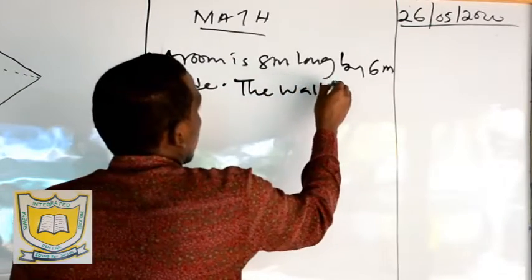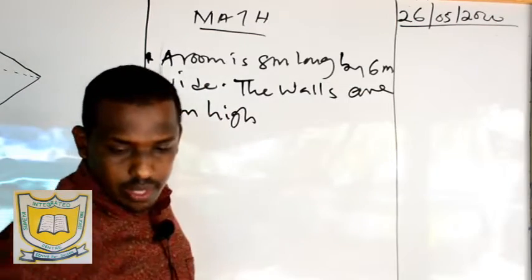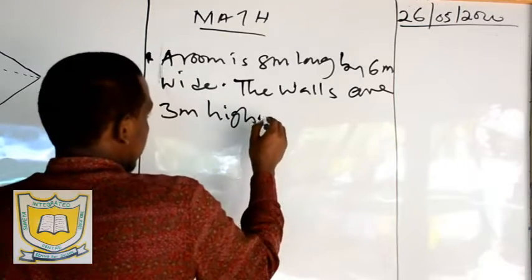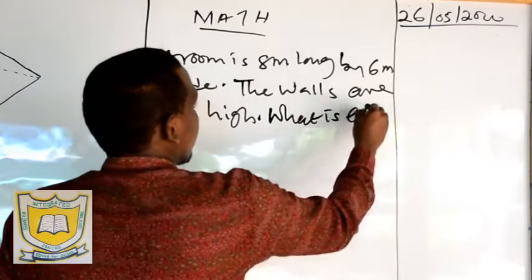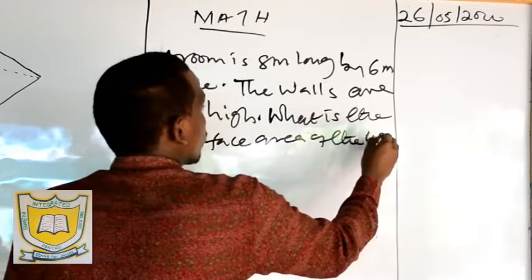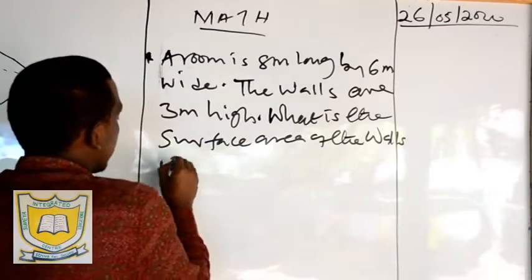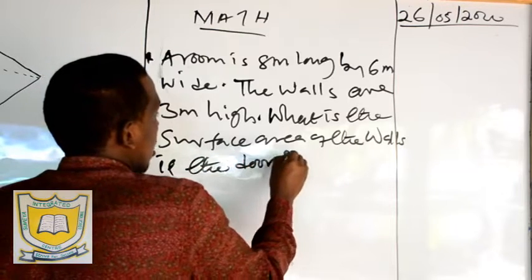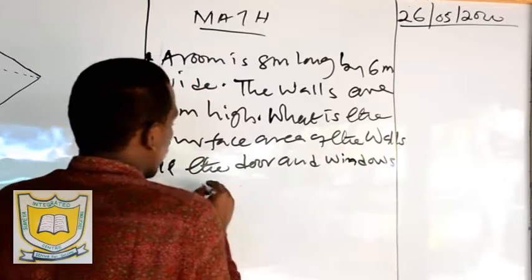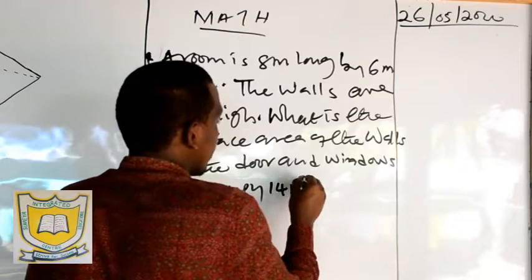Then they asked, what is the surface area of the walls, if the door and the windows occupy 14 meters squared?